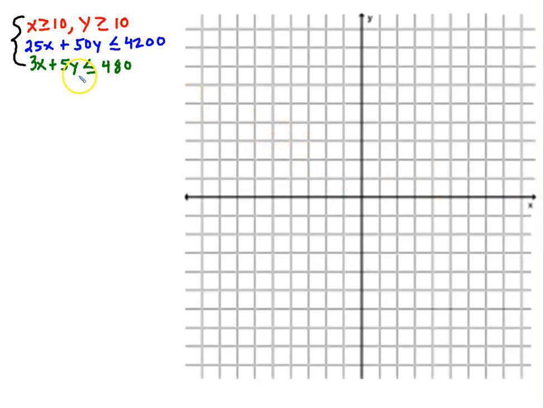Let's take a look first. Remember, you should always label your axes, however they're defined. And we define the x-axis as the number of standard packages delivered. These graphs do not make any sense if you don't label these axes.